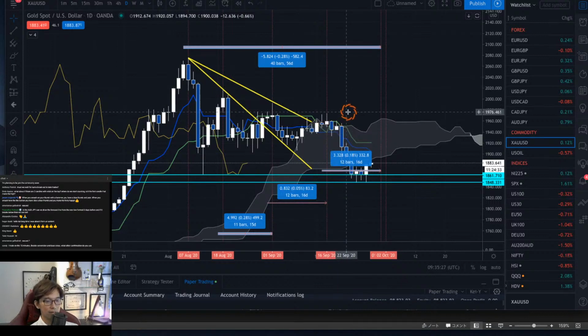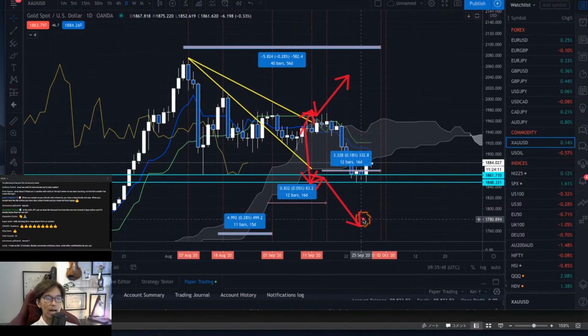If the price were above the forecast line on 11 September, it may have been going up this way, or if it ended below the forecast lines, it may be going down afterwards.